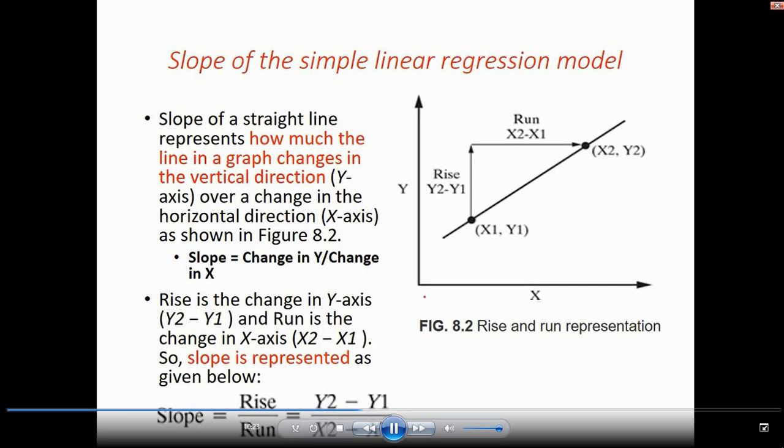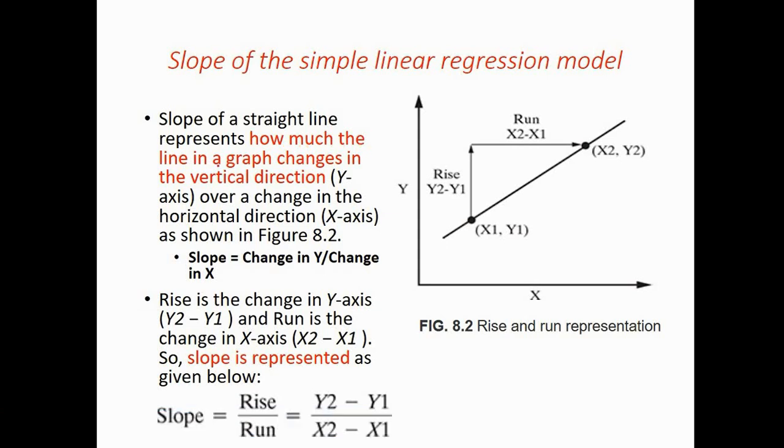Slope of the simple linear regression model. Slope of a straight line represents how much the line in the graph changes in the vertical direction over a change in the horizontal direction. That is, slope is equal to change in y divided by change in x. Here we call the change in the y-axis as rise and the change in the x-axis as run.